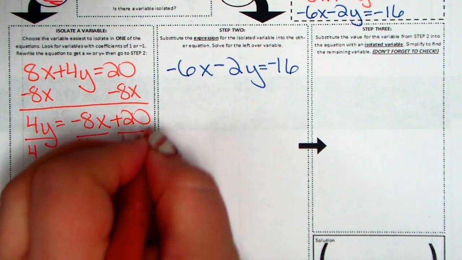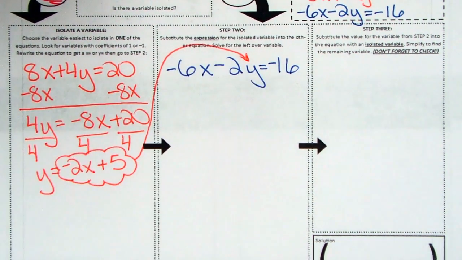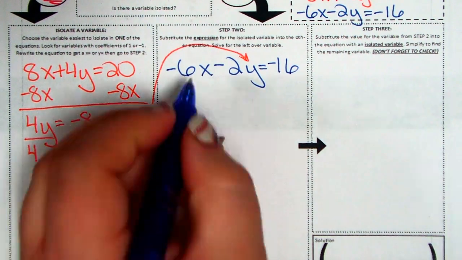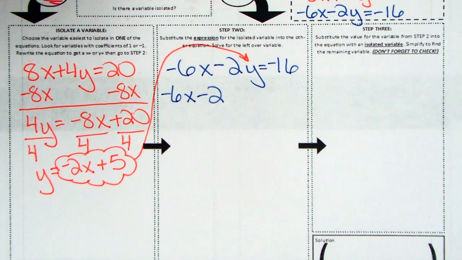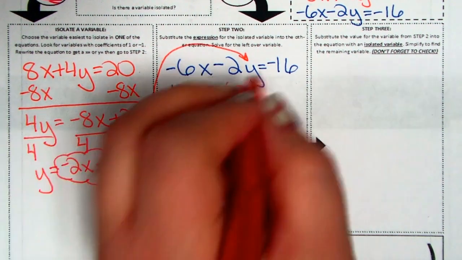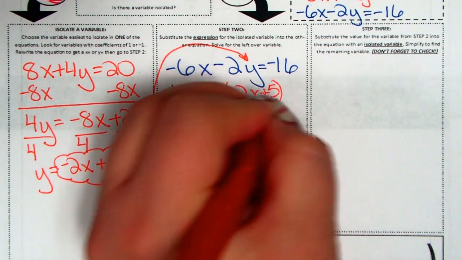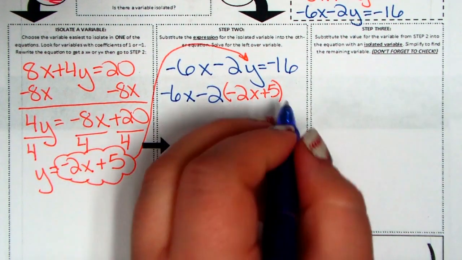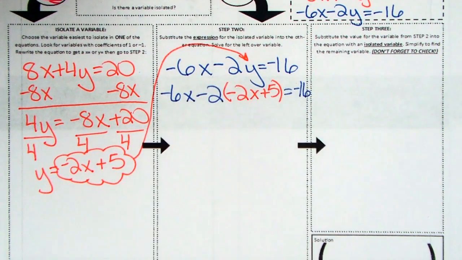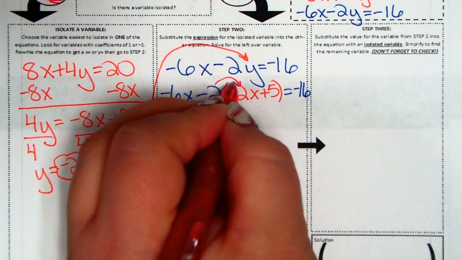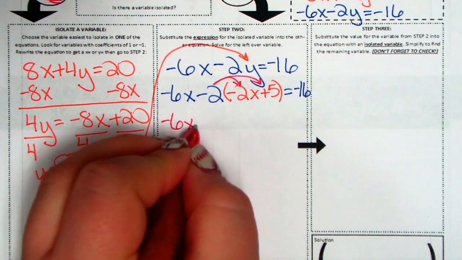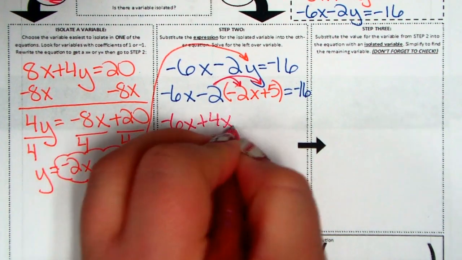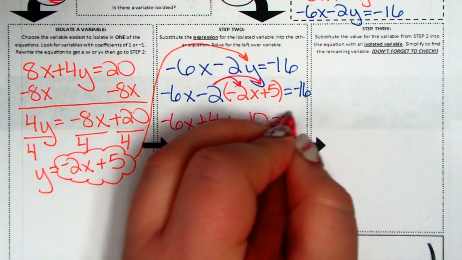So the negative 2x plus 5 is going in for y. Negative 6x minus 2 times our expression, and it equals negative 16. So to solve, we'll need to distribute. And we have negative 6x plus 4x minus 10 equals negative 16.